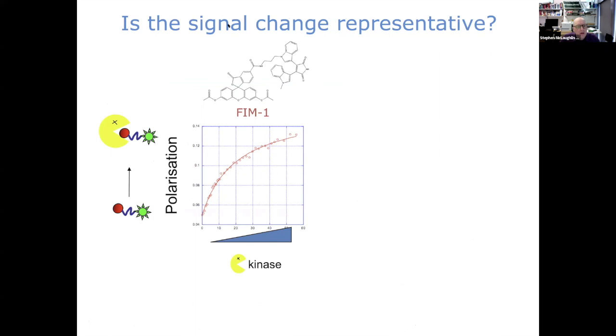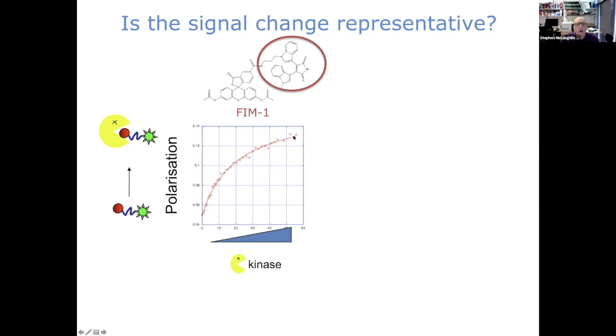Here's a case of looking at fluorescence polarization of a fluorescently labeled nucleotide analog. So this compound here actually bound into the kinase, and this is the fluorescence moiety here. As you see, if you increase the kinase concentration, you get an increase in binding.